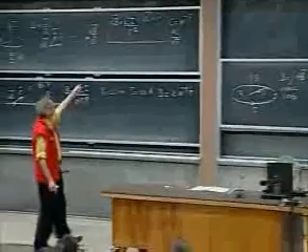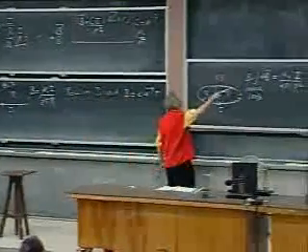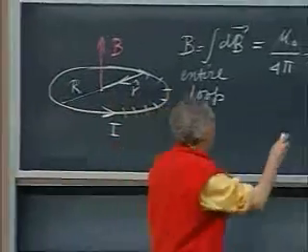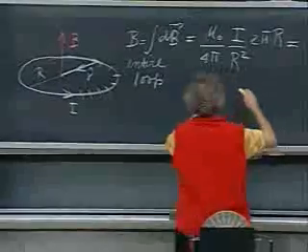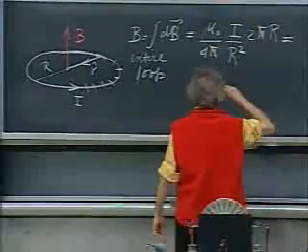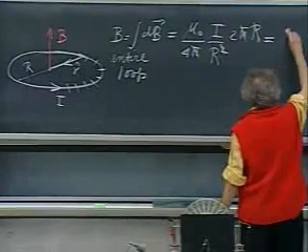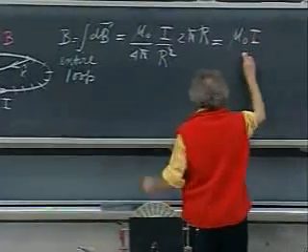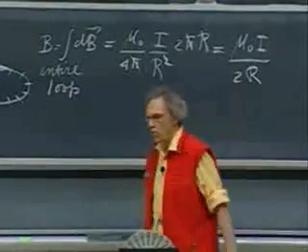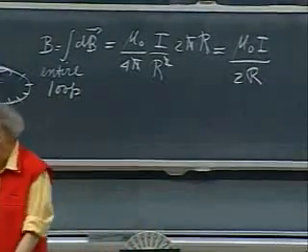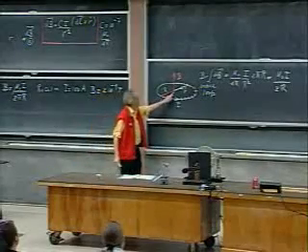And so all we have to do is an integral over dl, which is the integral around this circle, which is the circumference of the circle, and that is 2 pi r. And so now you lose a pi, you lose an r, so you find mu 0 times I divided by 2r. Just to show you an example, in this case, how easy it is to use Biot-Savart and calculate the magnetic field right at the center.